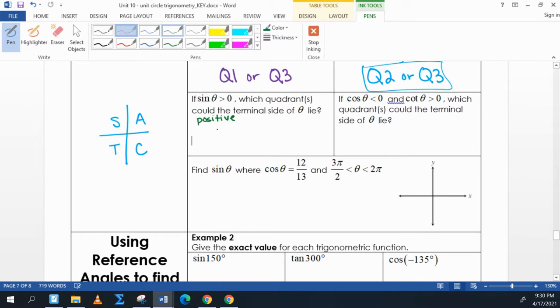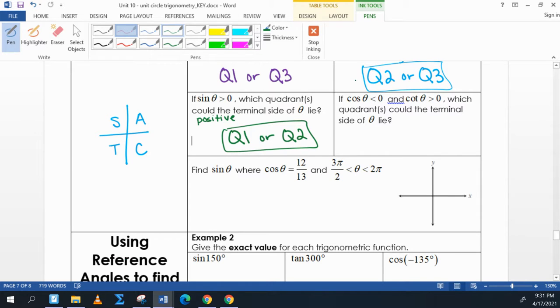What quadrant could it be in? So again, all of them are positive in quadrant 1. So it could be quadrant 1, or the sine is also positive in quadrant 2 right there. Okay, sine is negative because it's your y values. The sine is your y values. They're negative down here in those 2 quadrants. All right.